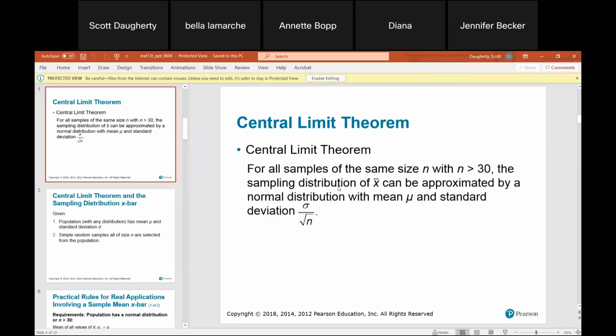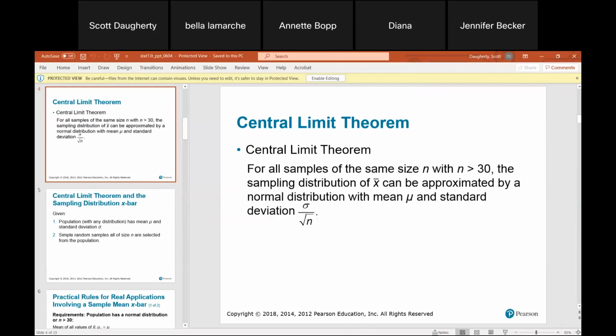The sampling distribution of the x bar values is approximately normally distributed, with the mean equal to mu sub x, or mu. And what did the standard deviation look like for the x bar values? Well, it was sigma divided by the square root of n, and this should be sigma sub x, right?